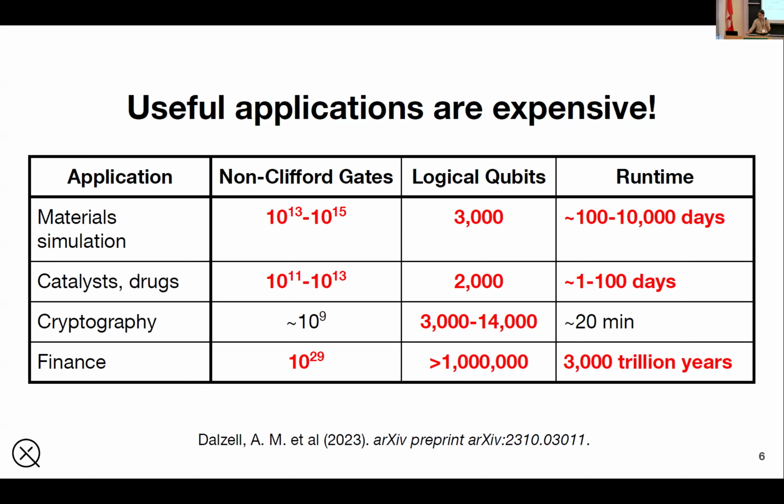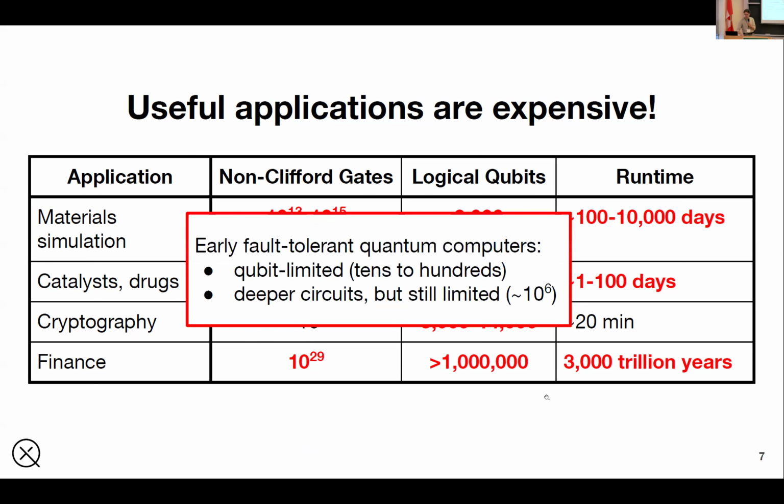For reference, the kind of hardware that many companies seem to be aiming towards in the coming few years is something on the order of tens to hundreds of logical qubits and significantly deeper circuits than we can perform at present, but still fairly limited, maybe something like 10 to the 6 or so non-Clifford gates.